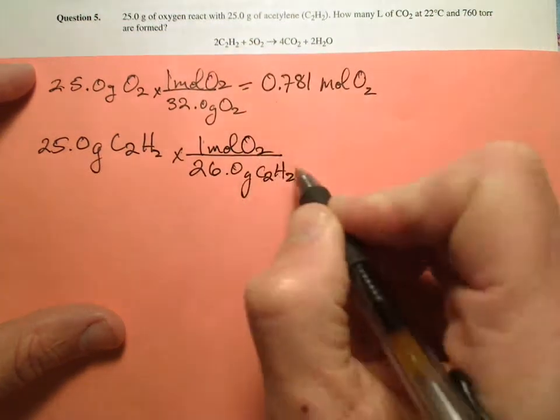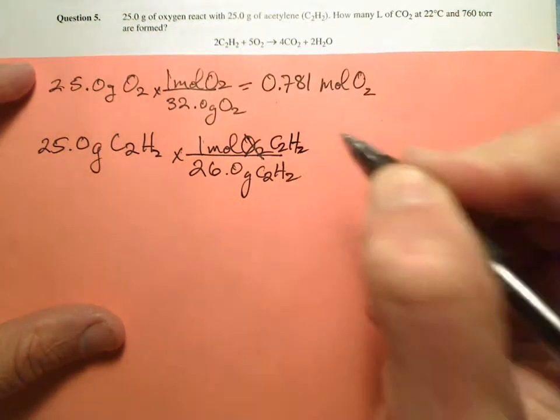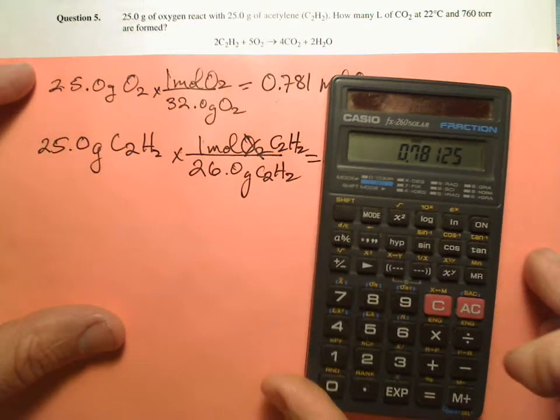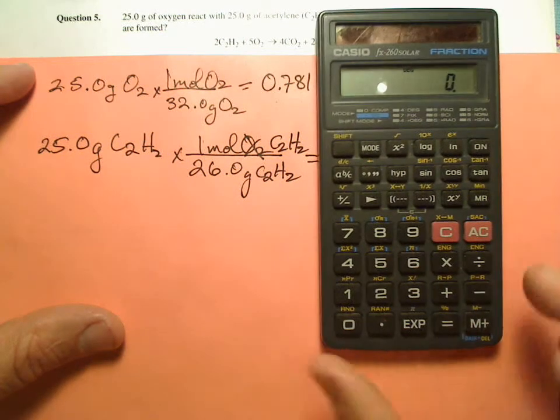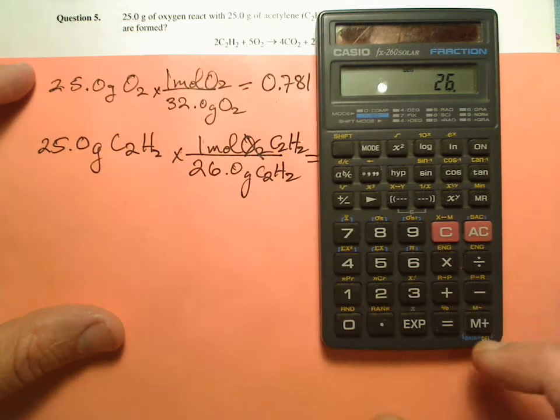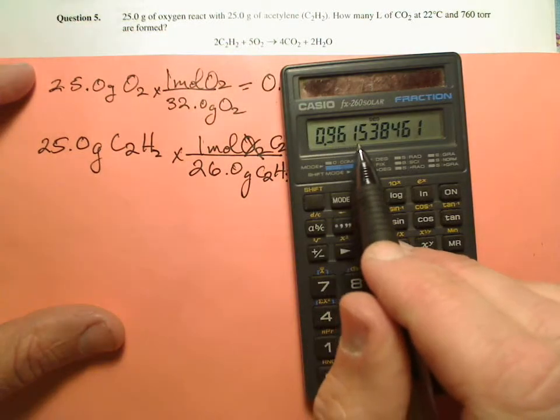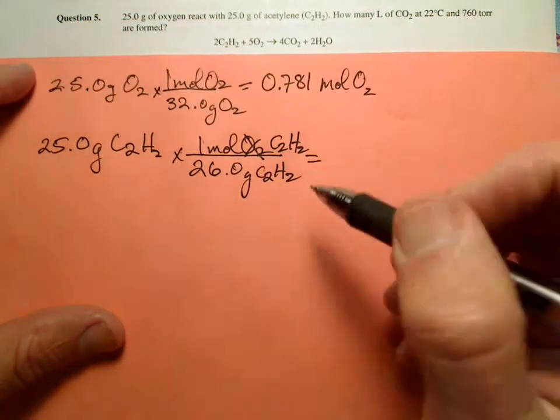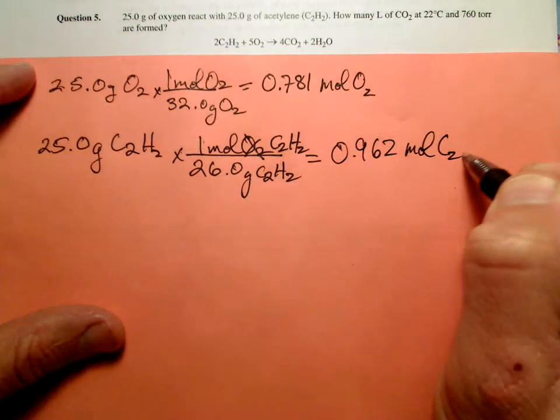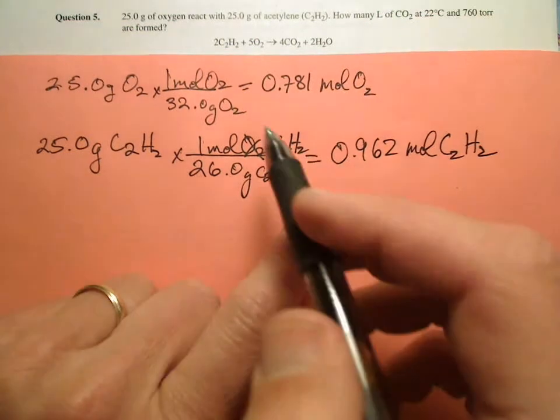One mole of C2H2 equals 26 grams. 25 divided by 26 equals 0.962 moles of C2H2.